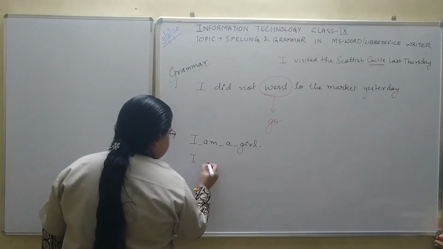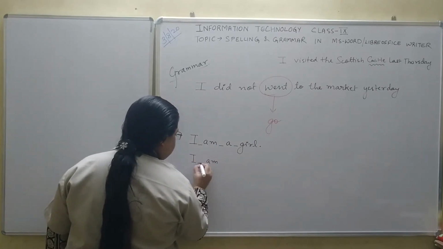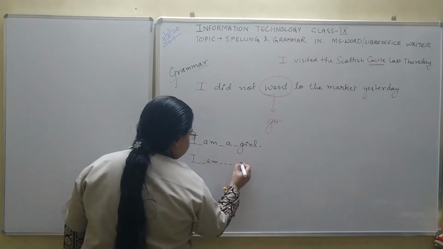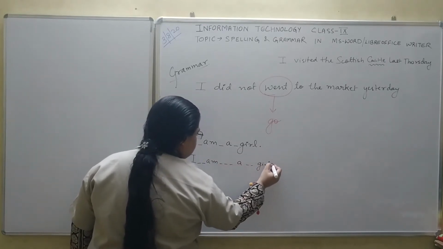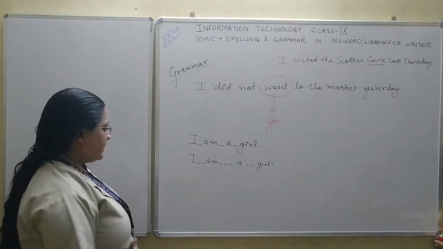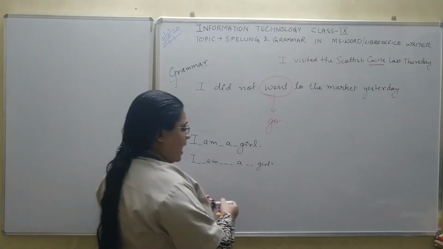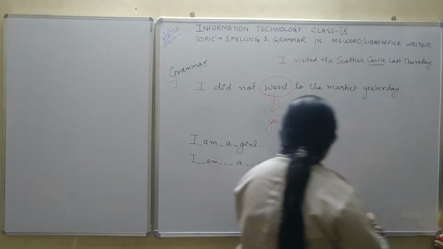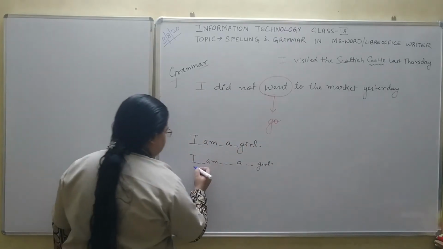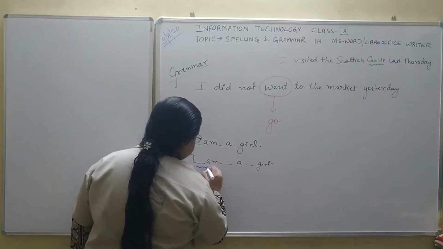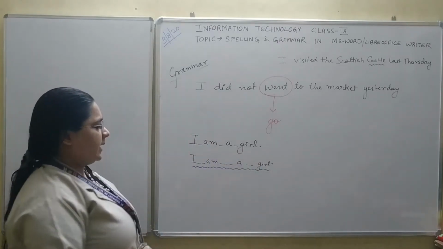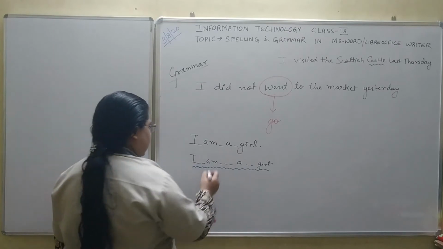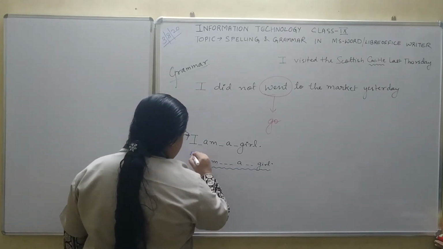But if accidentally you have pressed more than one space, then the spell check feature is going to highlight this using a blue or green wavy line. You might think that all the words are correct and the grammar is also correct.